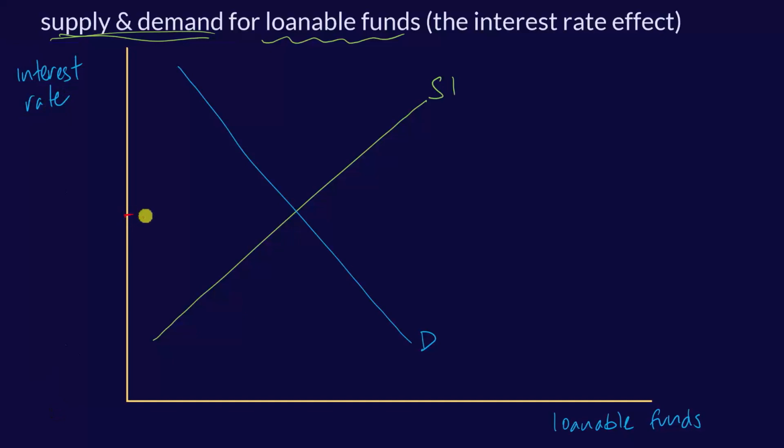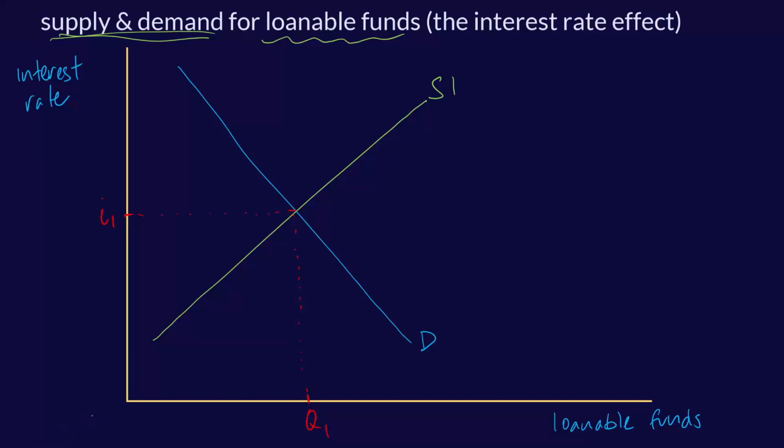Okay, so initially we are here with some interest rate, interest rate 1, and some quantity of money that can be used to make loans.